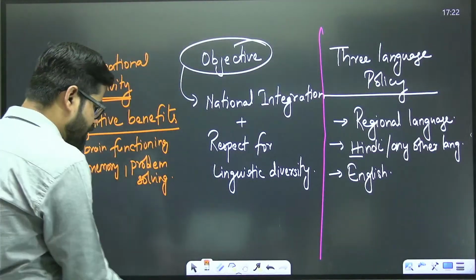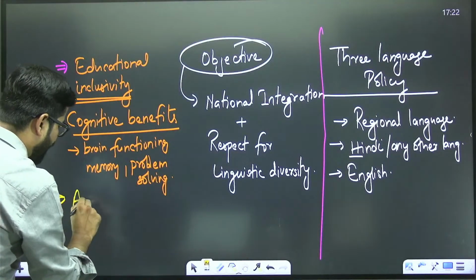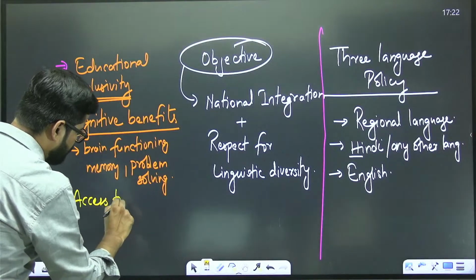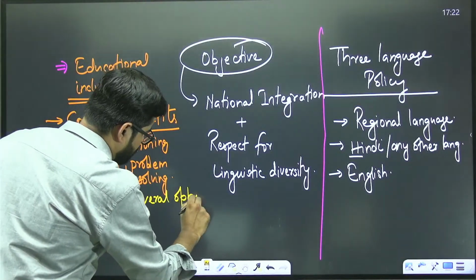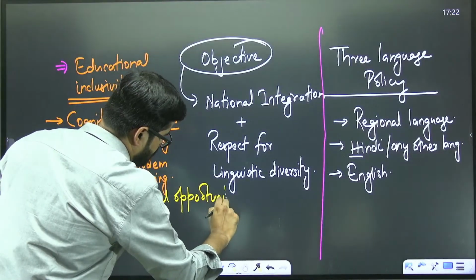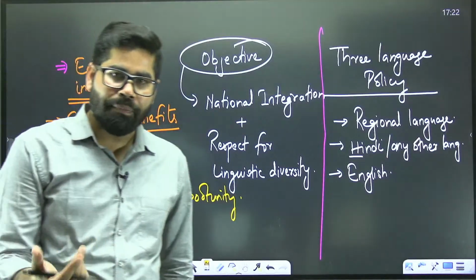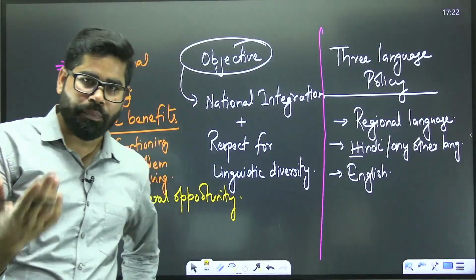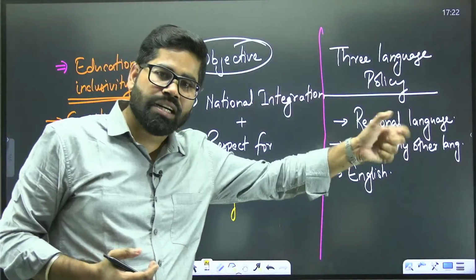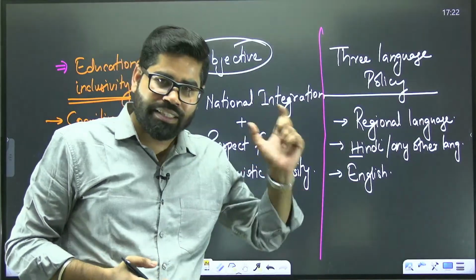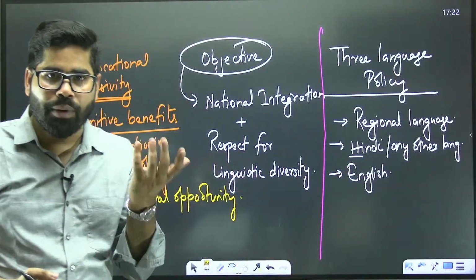Then they also say this, and that is access to opportunity. People can have access to several opportunities. Suppose if they are reading only in regional language, they might not get access to many of the job opportunities.